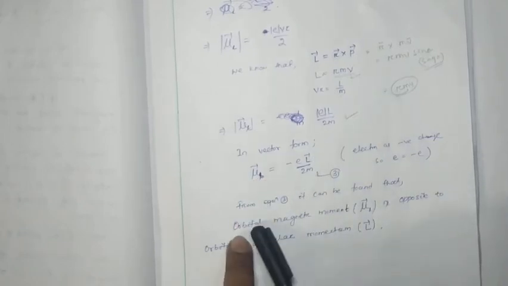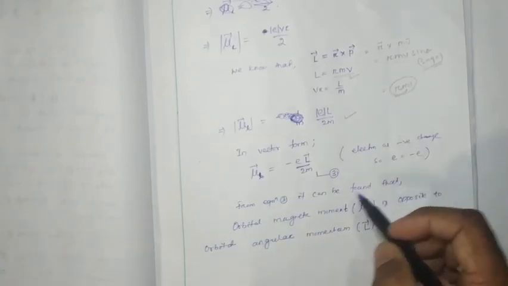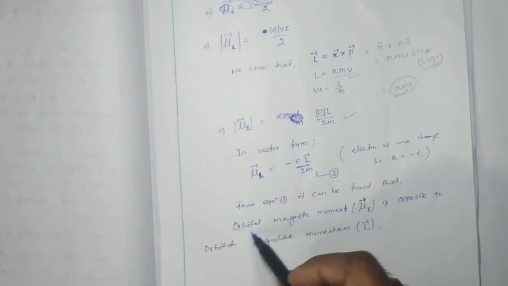So the orbital magnetic moment, which is denoted with the symbol mu L, you have to remember this, it is required in your quantum mechanics.